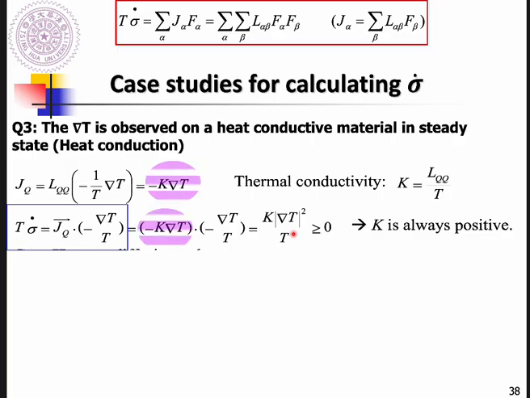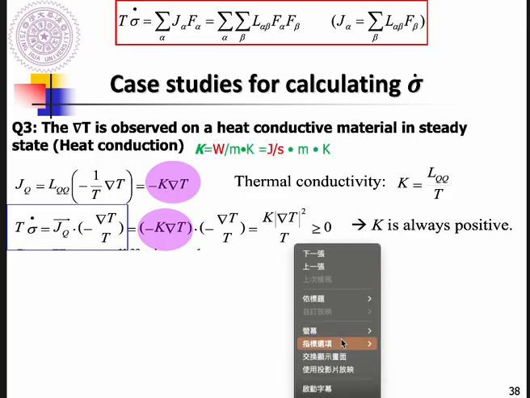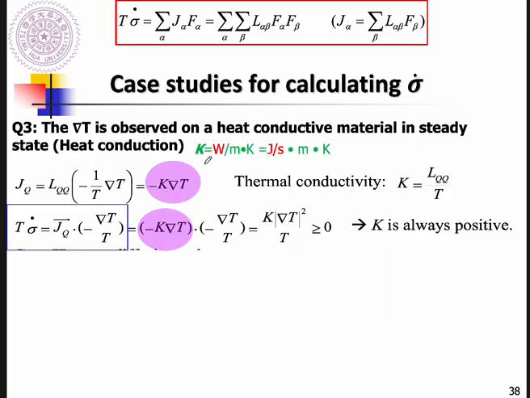But by the way, I just want to highlight, because some student asked me before regarding the unit for the kappa thermal conductivity. Do you remember what's the unit? This kappa, the unit is watts per meter K. And watts can be rewritten as joule per second.